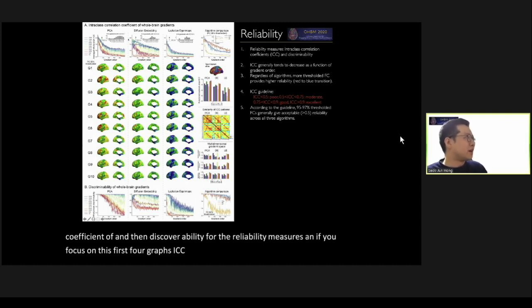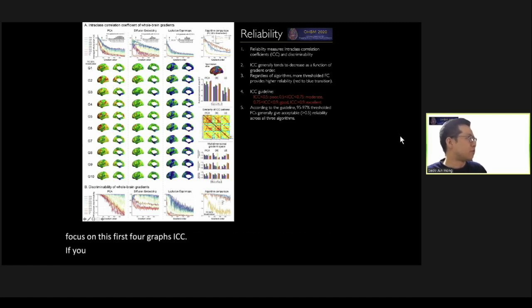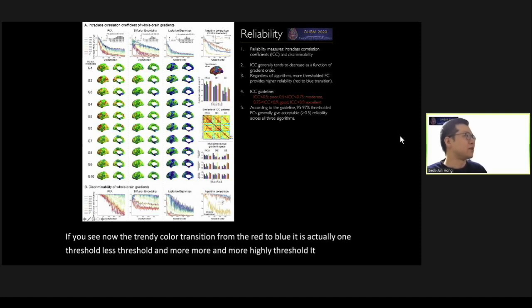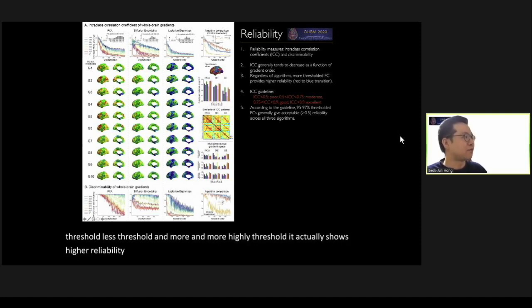And regardless of algorithm, the color transition from red to blue, from unthresholded to less thresholded and more and more highly thresholded, actually shows higher reliability. So it suggests that we have to perform some kind of thresholding process.